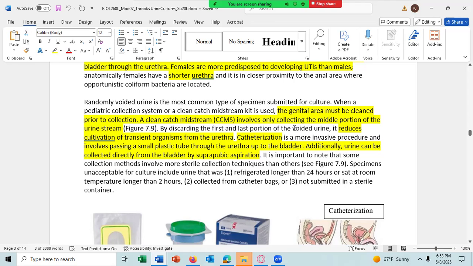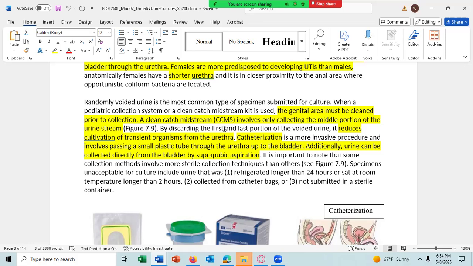The way that the patient usually likes is the clean catch midstream, where the genital area is cleaned prior to collection, and then you collect the urine midway through, so not at the beginning of the urine flow, not at the end of the urine flow. And that will reduce the contaminants from the urethra getting in the urine.